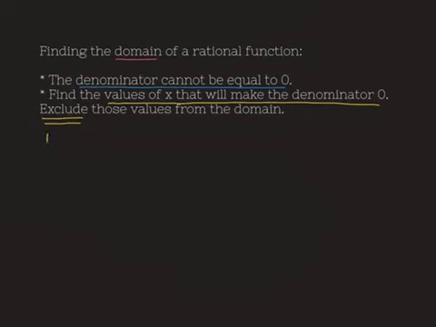Let's say we have the function f of x is equal to -3 over x. Again, all we're worried about is the denominator being 0. It doesn't matter what the numerator is. The only thing that would make this denominator 0 is if x were 0.